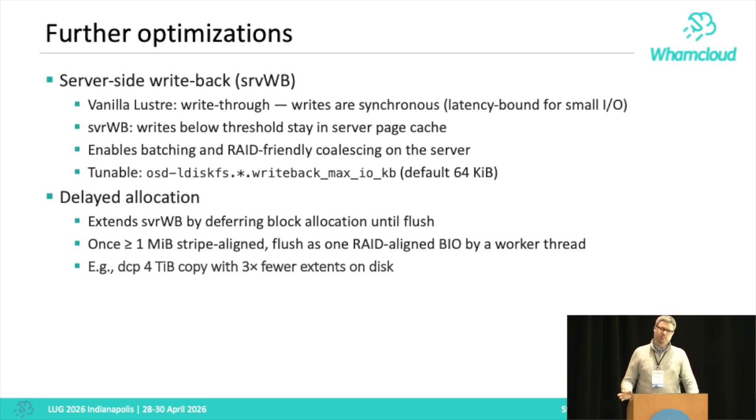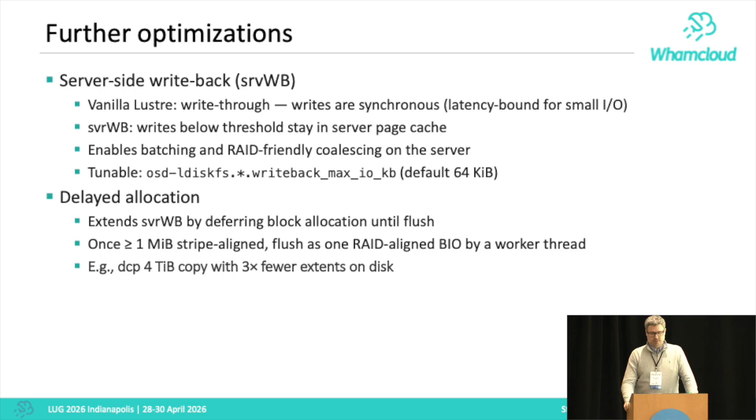And the idea is similar to what we have on the client side with hybrid I/O. We could have something similar on the server side, in which we say, well, if we have everything under 64 kilobyte in a write request, this just goes to the page cache, right? And then we immediately go back to the client, and this works similarly to buffered I/O on the client, right? You would flush that after a couple of seconds.